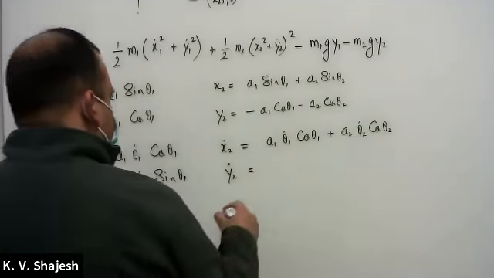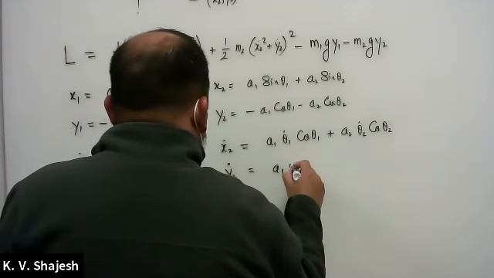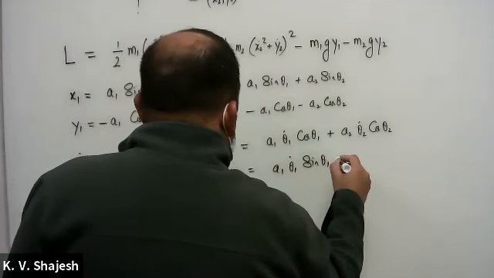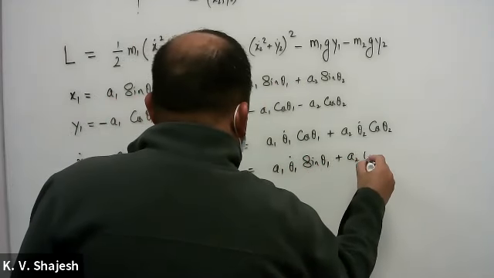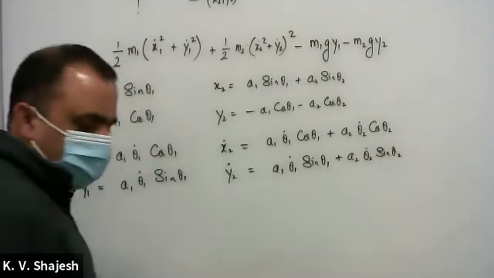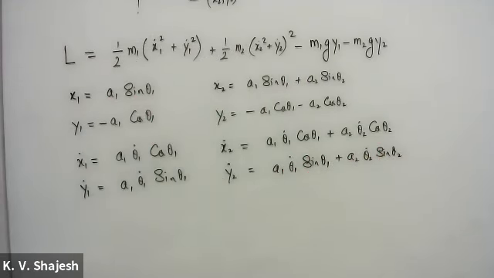And here again it flips sign, so y2 dot is A1 theta 1 dot sine theta 1 plus A2 theta 2 dot sine theta 2. Hopefully that's all clear. Just writing our coordinates and multiplying it out.